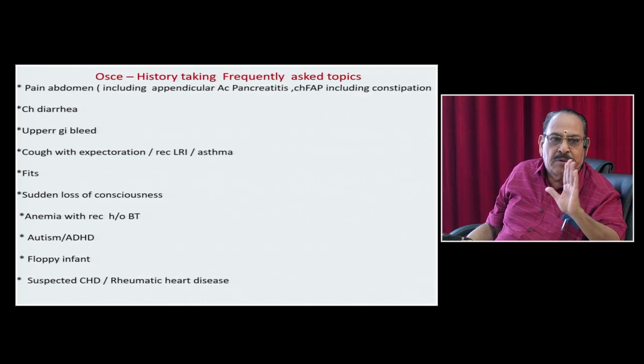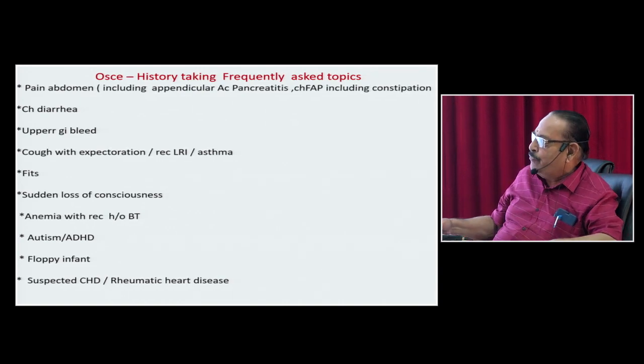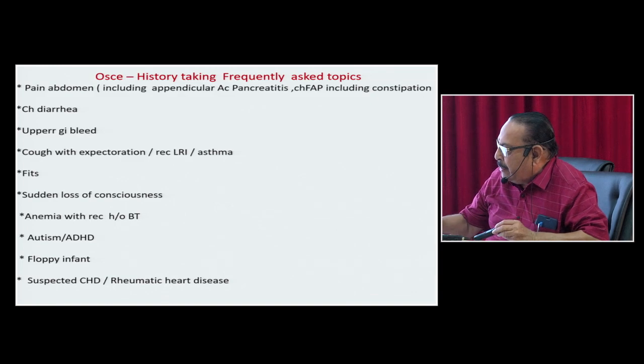Some of these things will definitely tell you it is likely to be an organic cause for pain. That means most likely surgical. 99% this type of cases will not be kept for you in the exam because you are a pediatrician. But you need to rule out organic cause for these children, right?